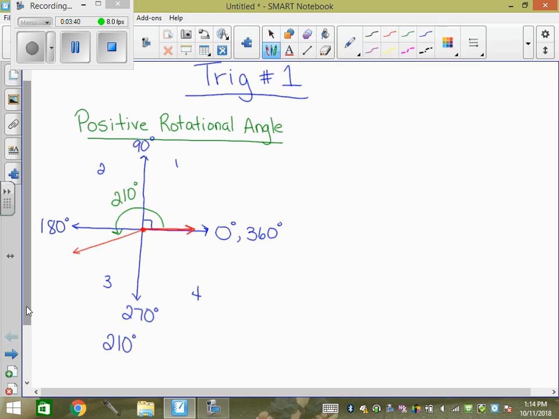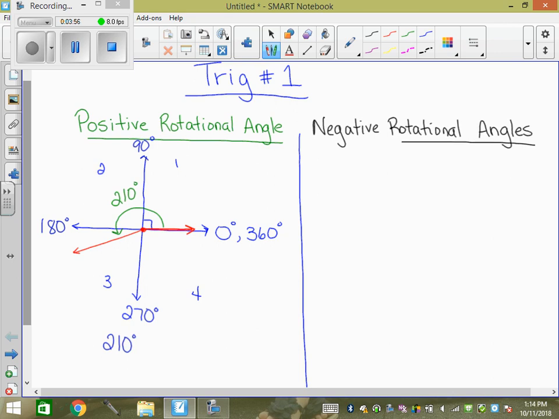Then we have negative rotational angles. These go clockwise.